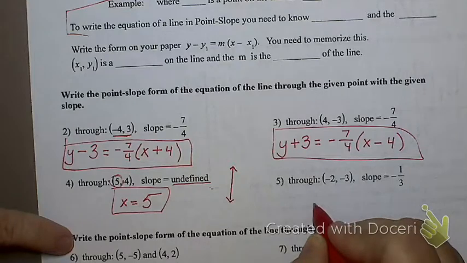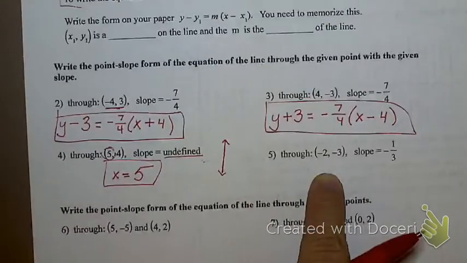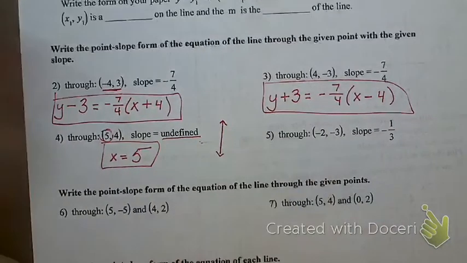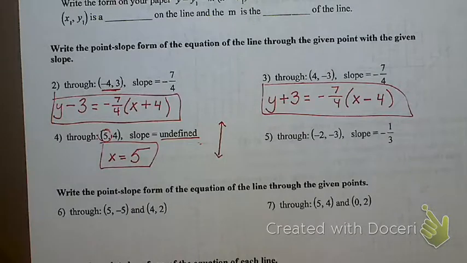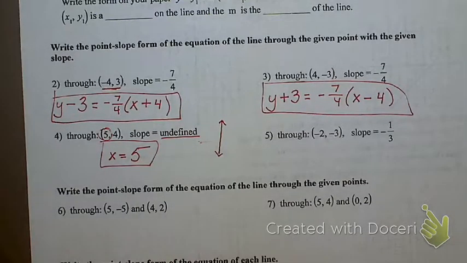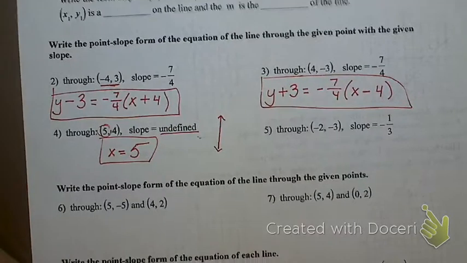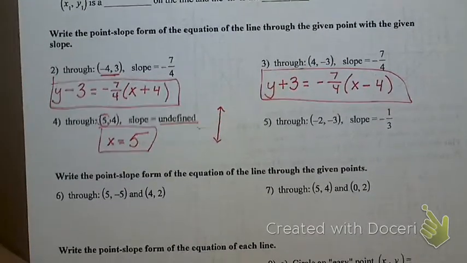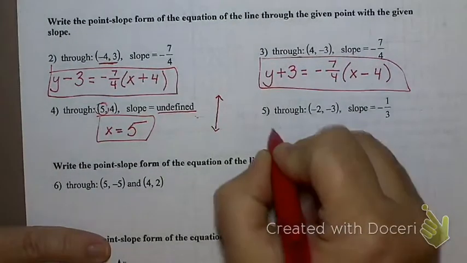Okay. What about this? Why don't you try this one? Write the point slope form of that line that goes through that point and that slope. What would my equation be?